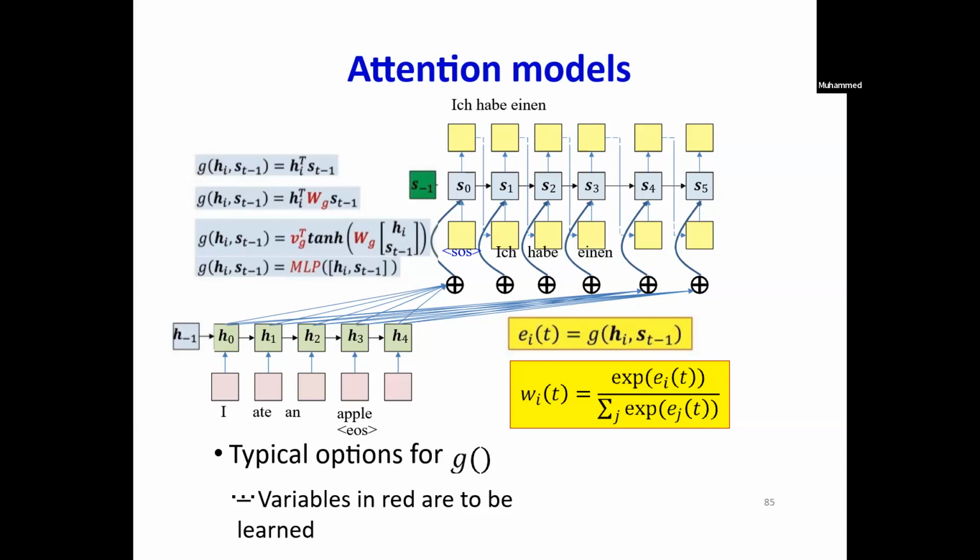Or we can add a learnable weight matrix that will project the hidden state and then take their dot product. These are also other examples. You can see we can also make it as complex as an MLP, right?